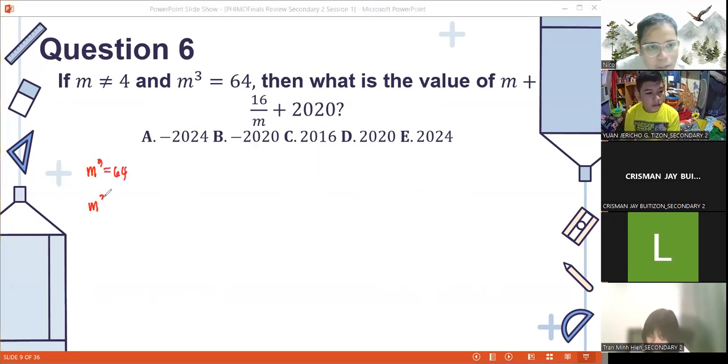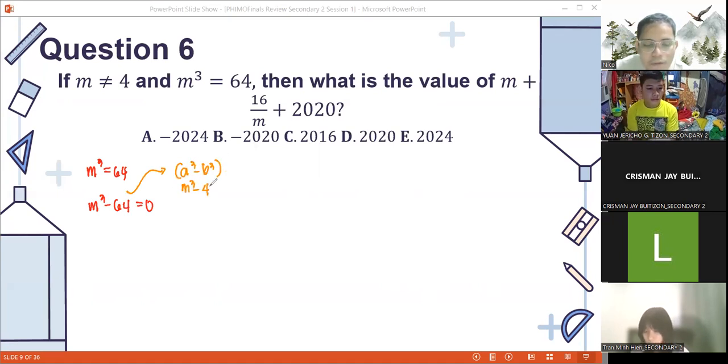This one is m cubed minus 64 is equal to 0, right? And what is this one? Let me use another color. This one is a cubed minus b cubed, which is m cubed minus 4 cubed, correct? So what is the form?